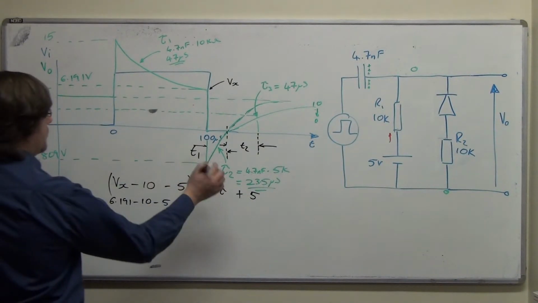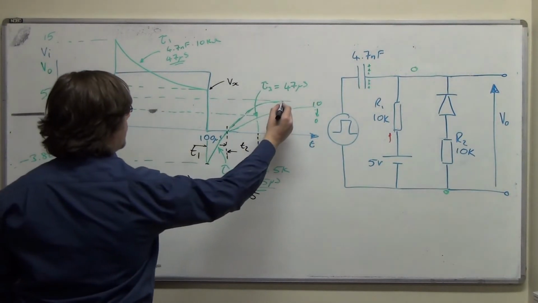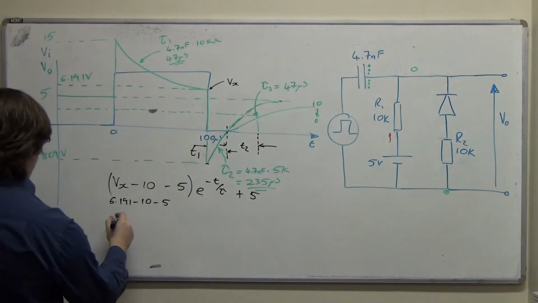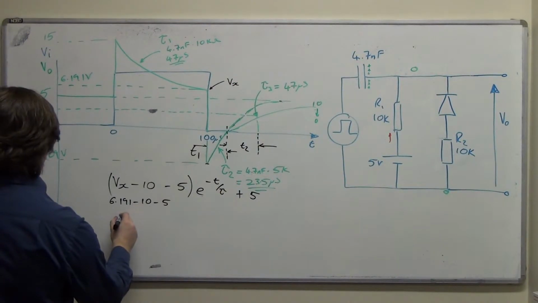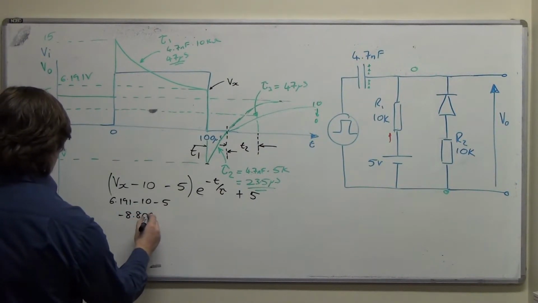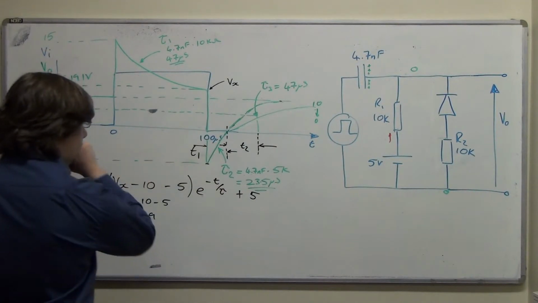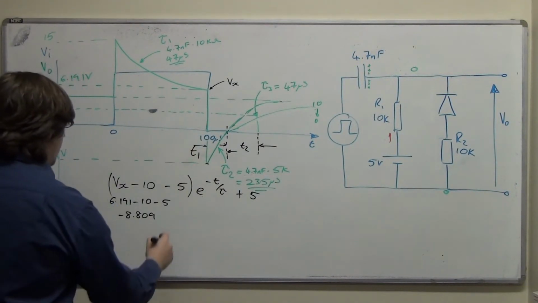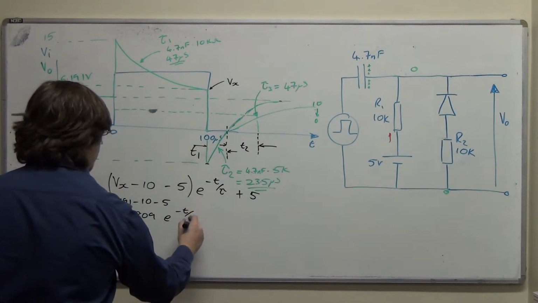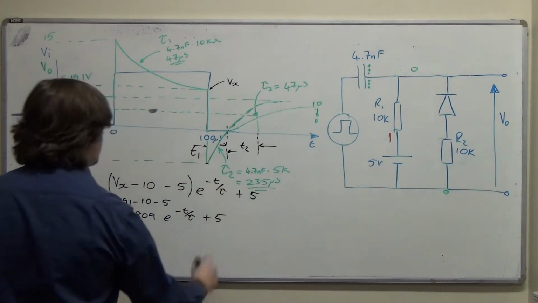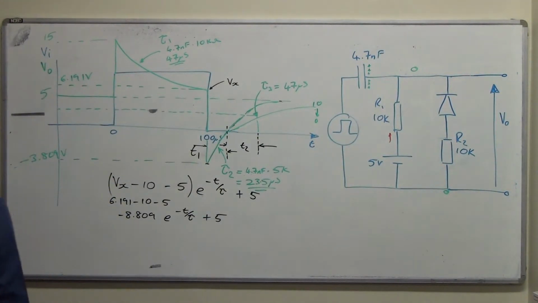So the distance from there to our aiming voltage is minus 8.809, and it's going from a lower voltage to a higher voltage: e to the minus t upon tau, plus 5, which is our final offset.